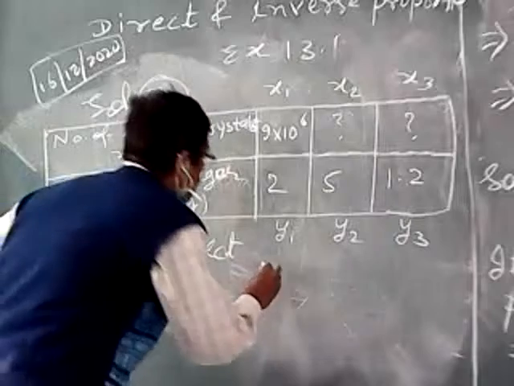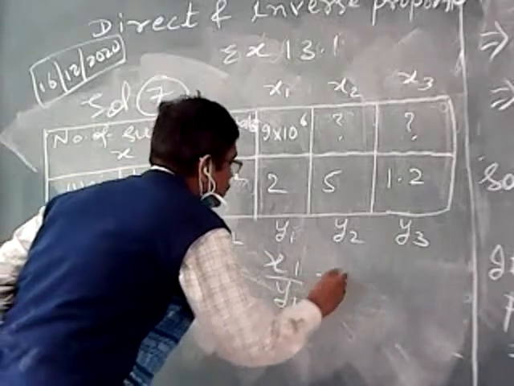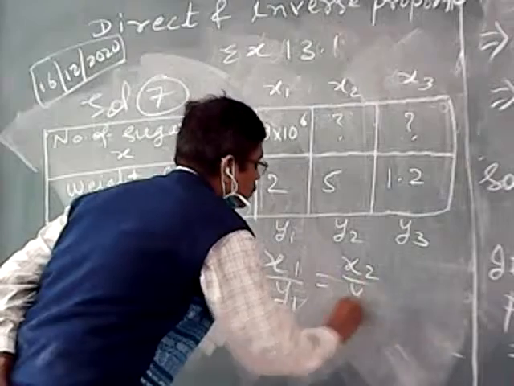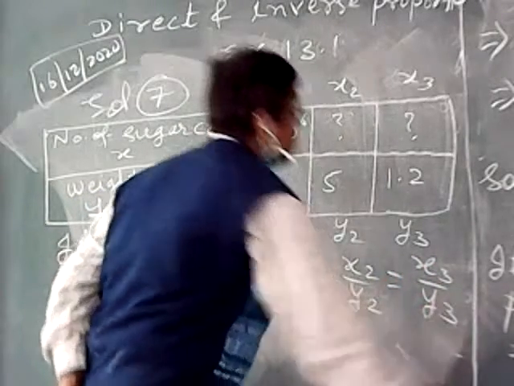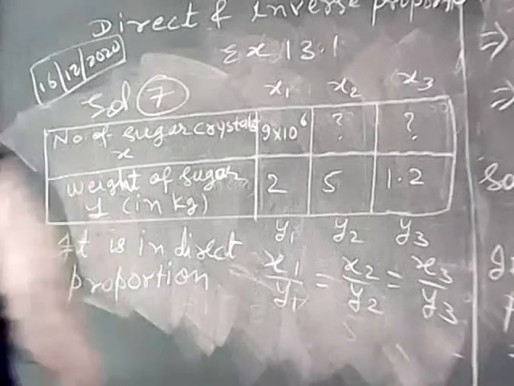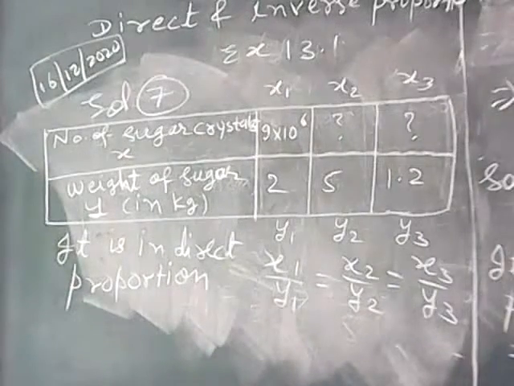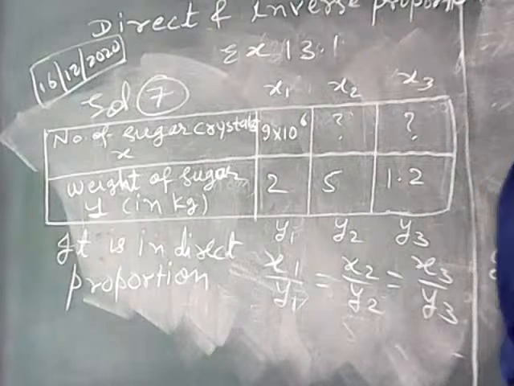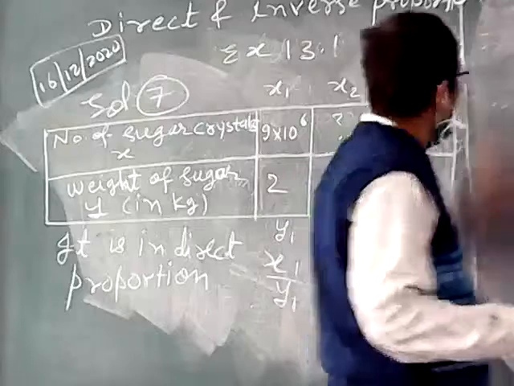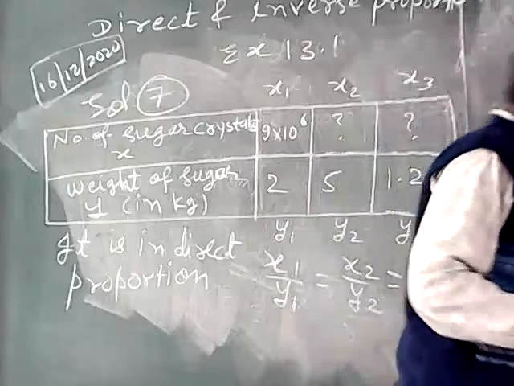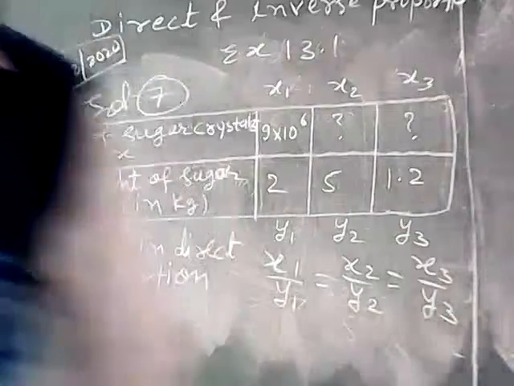First we take x1 by y1 is equal to x2 by y2 is equal to x3 by y3. This way we have, first we take the first one.